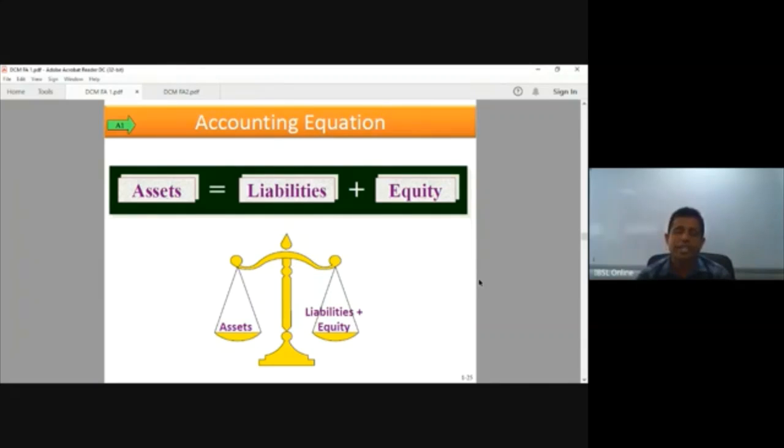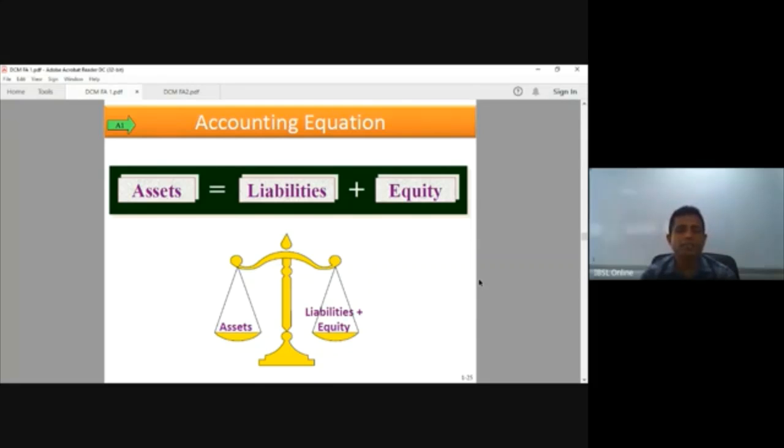If you go to this formula, assets is a debit balance, then liability is also credit, equity also credit. Therefore, assets debit, liability and equity credit. Debit equals credit. That's how this formula has been derived, on the basis debit equals credit.